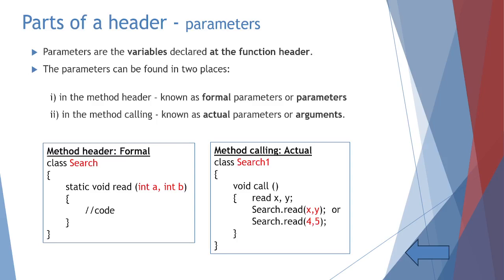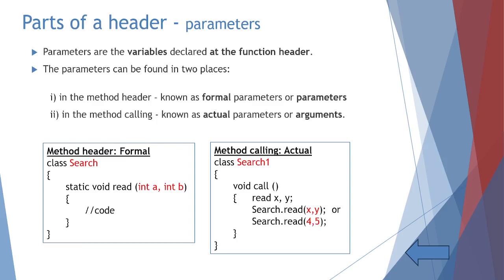See, method header, formal parameters. Class Search is there, static void read(int a, int b). These int a, int b are in the definition part where the header is there and the body is there. Such kind of parameters are known as formal parameters. But when we call this method, let's suppose class Search1 is there. I'm trying to call reading x, y, calling the static method read from the Search class.